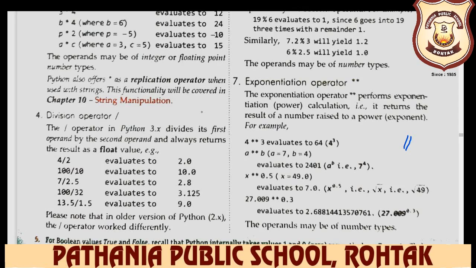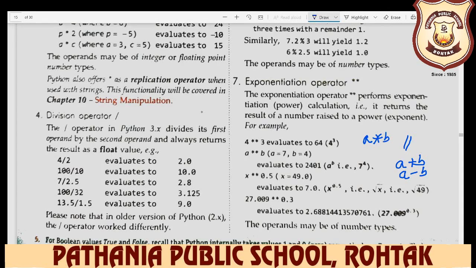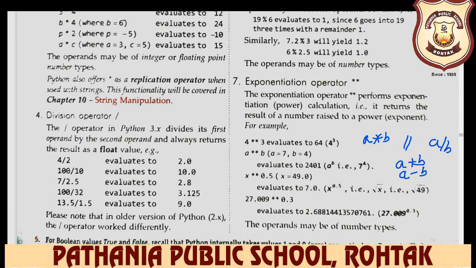When you write a plus b, it does the addition. When you write a minus b, it does the subtraction. When you write a multiply b, it does the multiplication. When you write a divided by b, it divides its first operand by the second operand and always returns a float value.